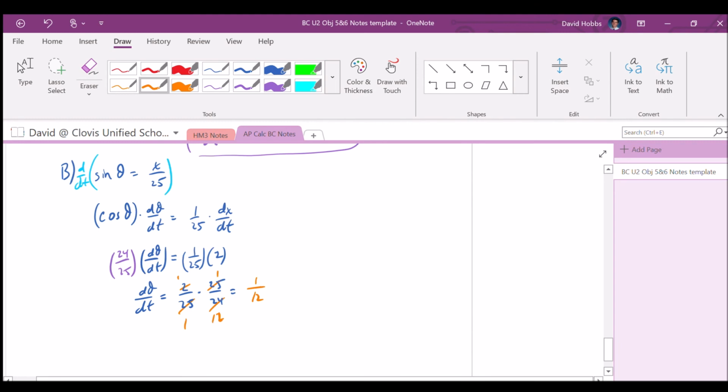What are the units for an angle? Well, first off, what's an angle measured in calculus? Radians. So it's radians per second. Okay, finally, part C.